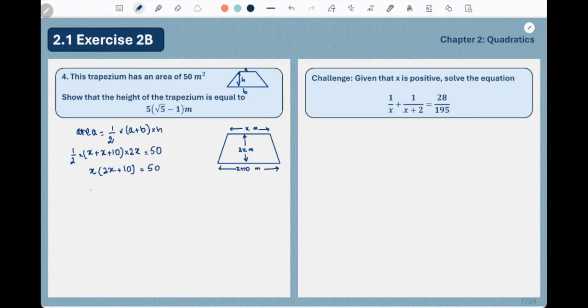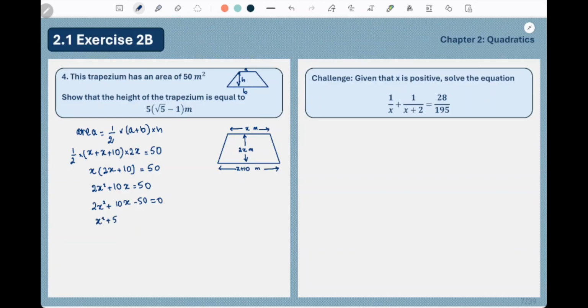So I'll expand, and I'll get 2x squared plus 10x equals 50. Moving the 50 to the other side gives us minus 50 equals 0. We can simplify by dividing everything by 2, and we get a simpler one, which is x squared plus 5x minus 25.